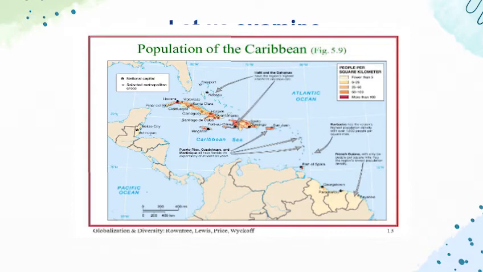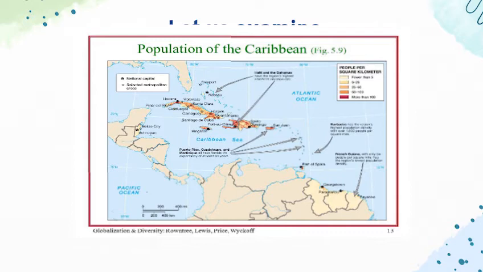Now let's look at Haiti and Dominican Republic. All right, now we see Haiti. When we look at Haiti, we can say, okay, Haiti has a lot of people living per square kilometer. Look at Haiti, especially around the Port-au-Prince side, where that arrow is. That's a lot of people living per square kilometer, more than 100.